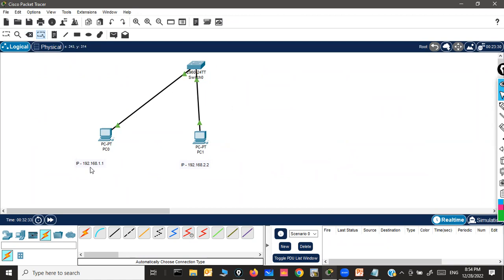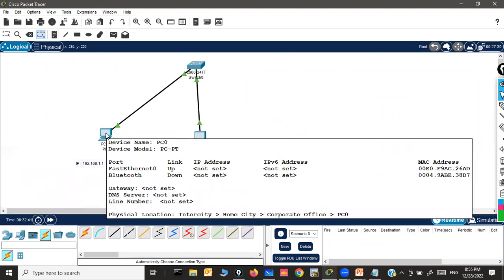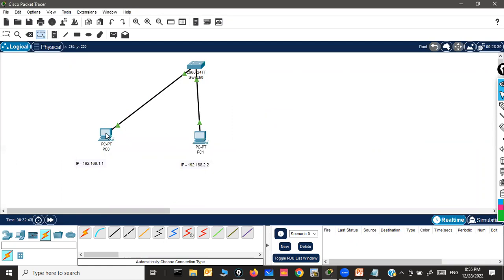Now there are two machines, 192.168.1.1 and 192.168.2.2. You understand they will not communicate with each other, computer 1 and computer 2. Why? Because for a class C address, the initial 3 octets equal the network portion, the network ID, and it is not the same. Definitely they will not communicate.